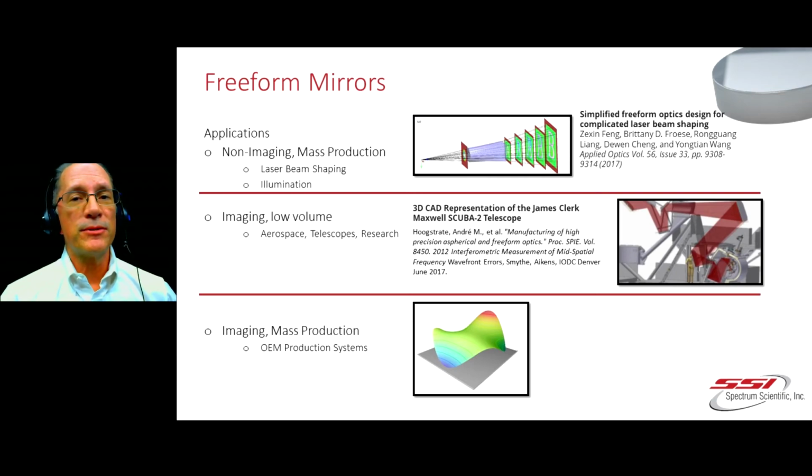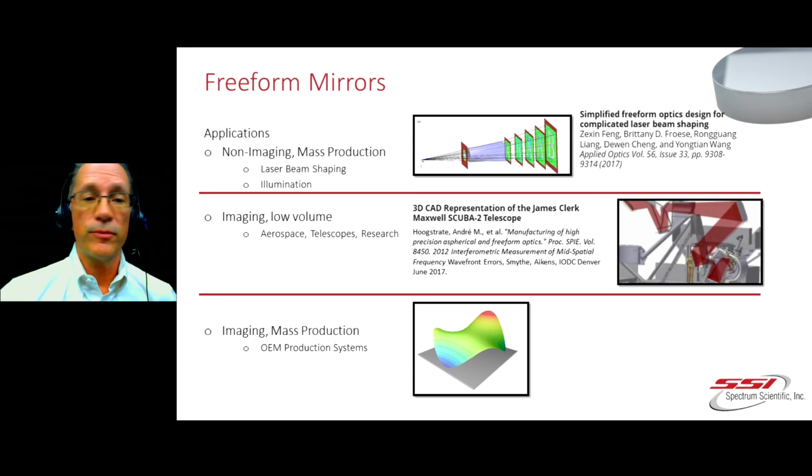But they're very expensive because they only make a few. They're low volume at this point. I'm not aware of really a mass-produced freeform mirror, other than what we provide. So that's where we want our technology to help bridge that gap.